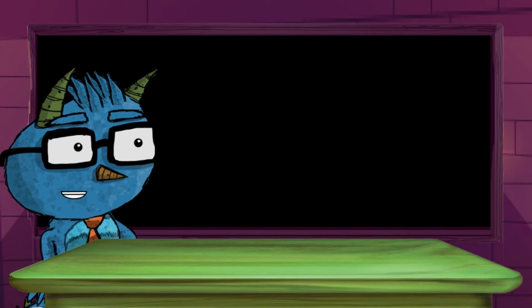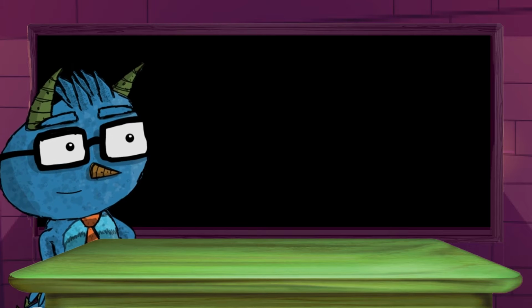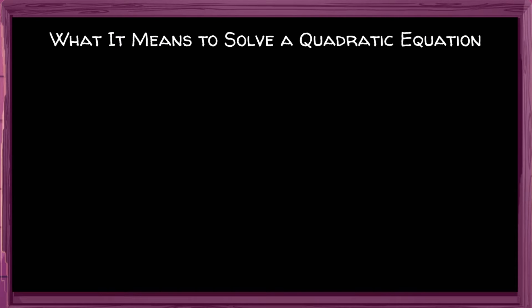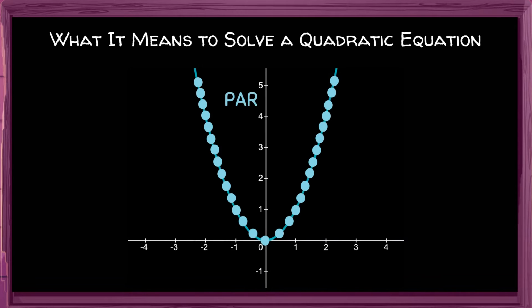Now let's get excited about solving some quadratic equations. In our last lesson, we learned what it means to solve a quadratic equation. We said that most of the quadratic equations we've seen in our class until now have had millions and billions of solutions. When we graph them, they make a parabola, where every single point on that parabola is one possible solution.